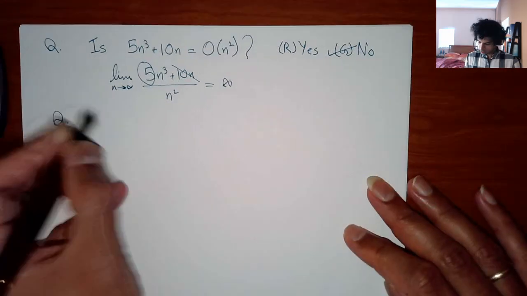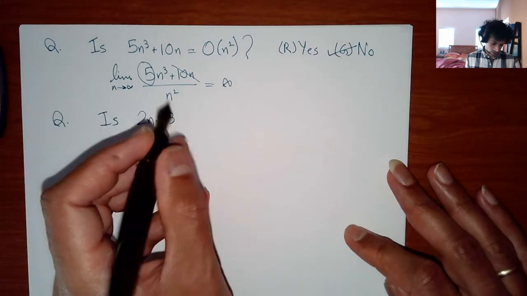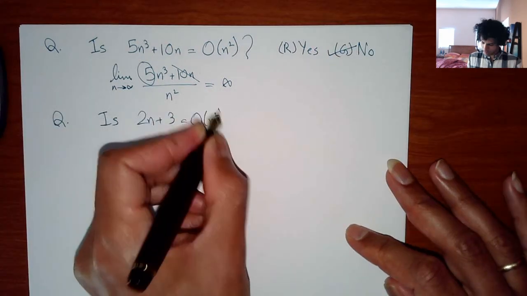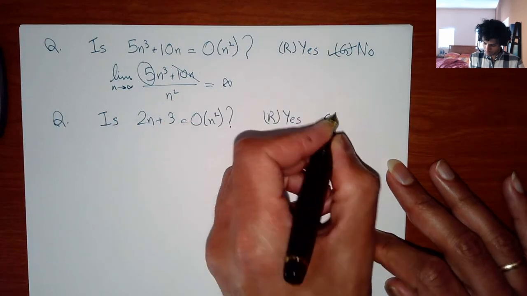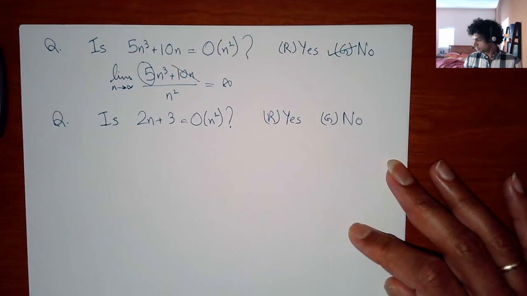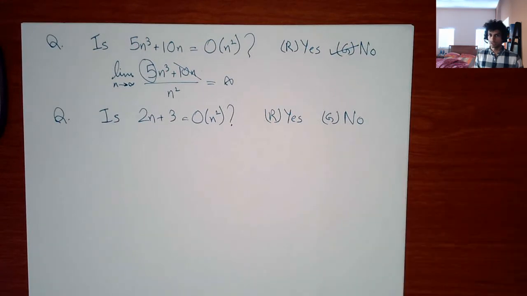Okay, ask a few more. Is 2n plus 3 O of n squared? So is 2n plus 3 O of n squared?